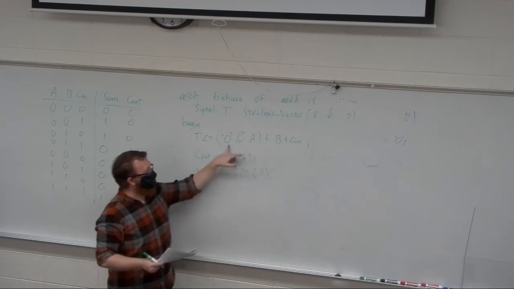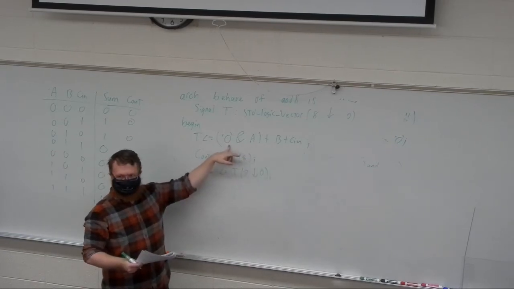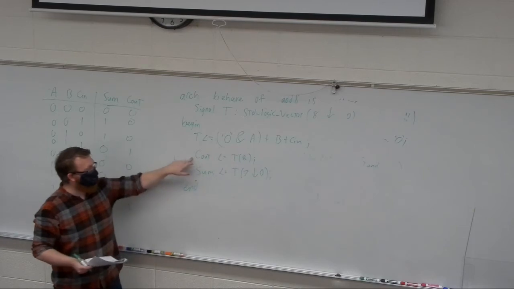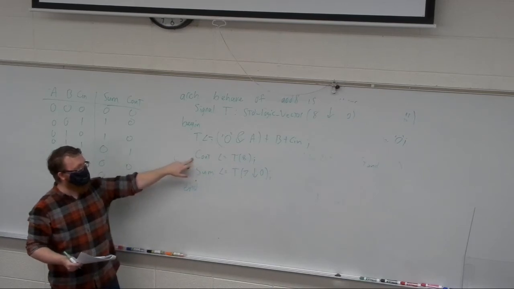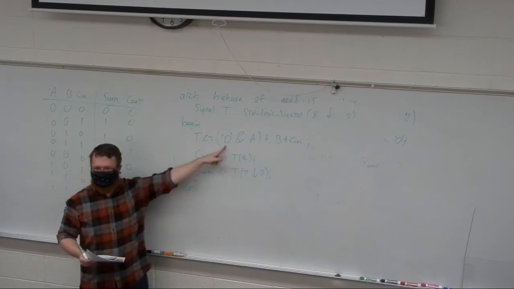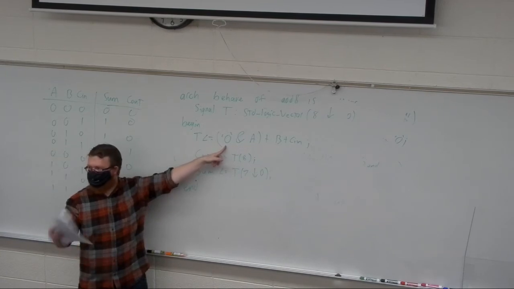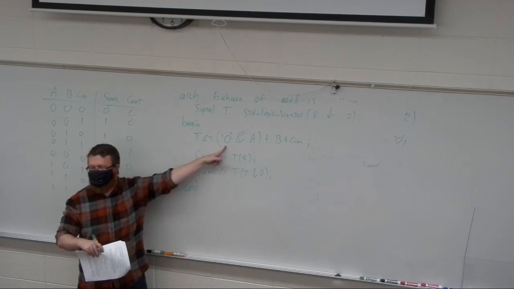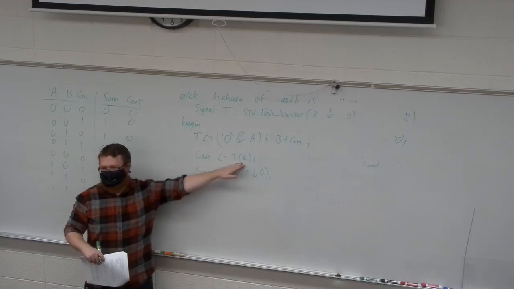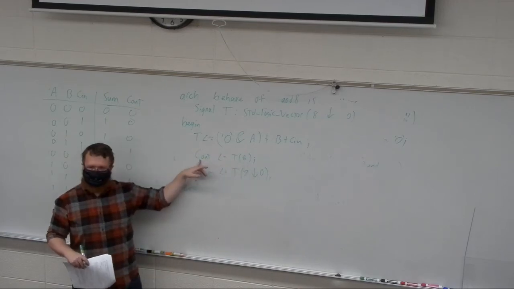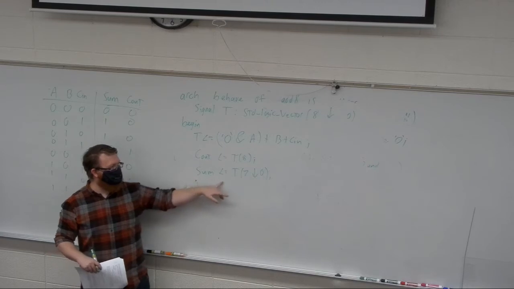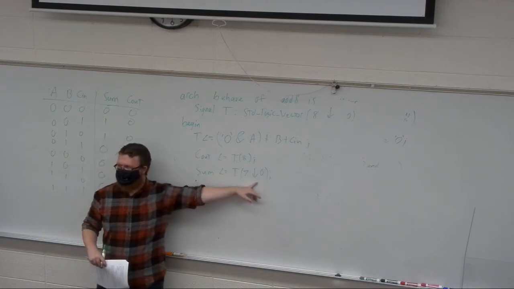This could add up to 9 bits. Then C out, the carry, is just that 0 that may or may not have the 1 that spills over into it when I add it, right? So I take that T at 8 and call that C out. And then the sum is just what's left, 7 down to 0.